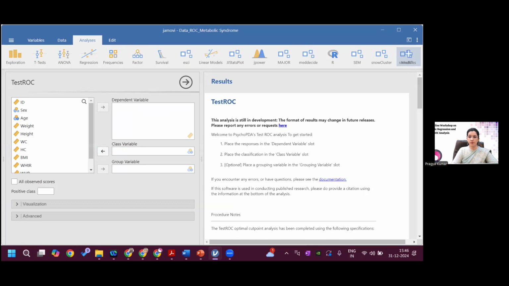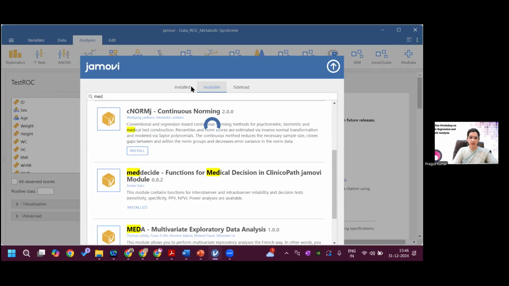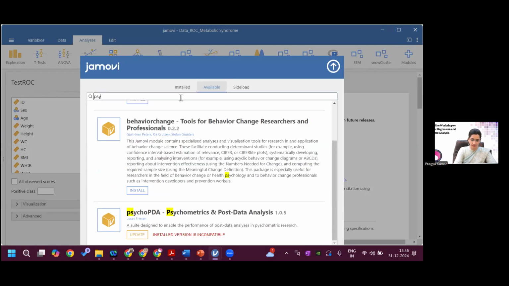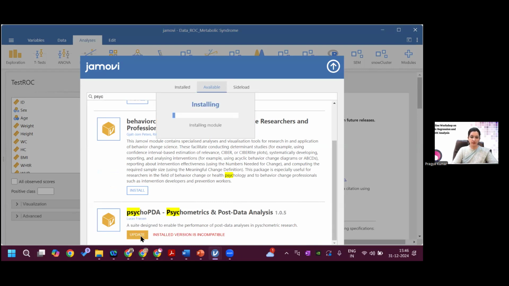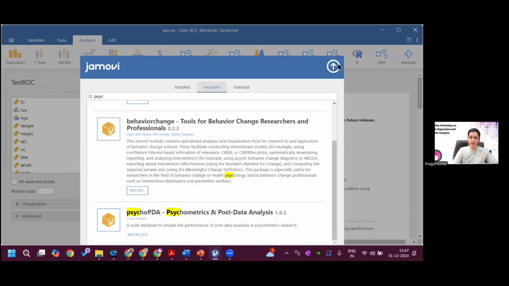Coming to this plus sign, click on this plus, go to the Jamovi library and type here, psycho. You can see this PsychoPDA, psychometrics and post data analysis. I have already installed it, but it is asking me to update, since it says the installed version is incompatible. So now it is installed.